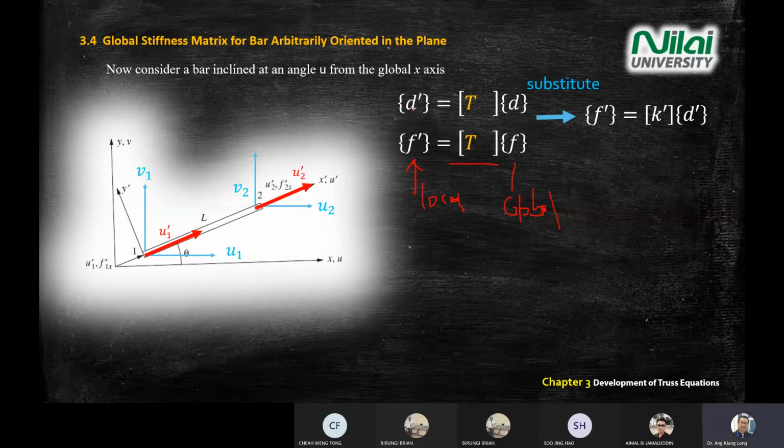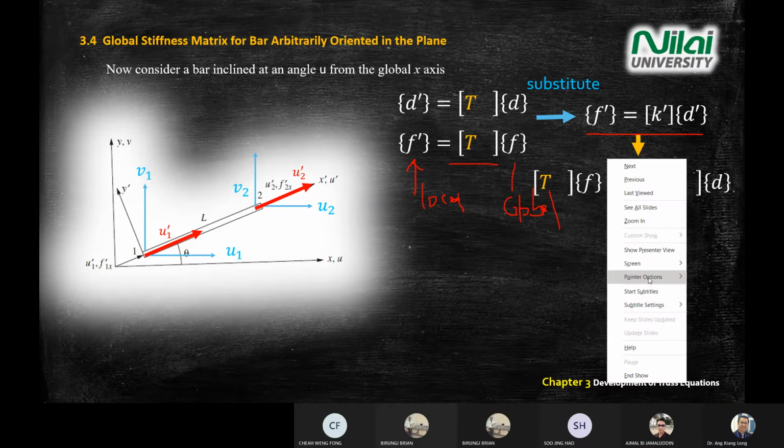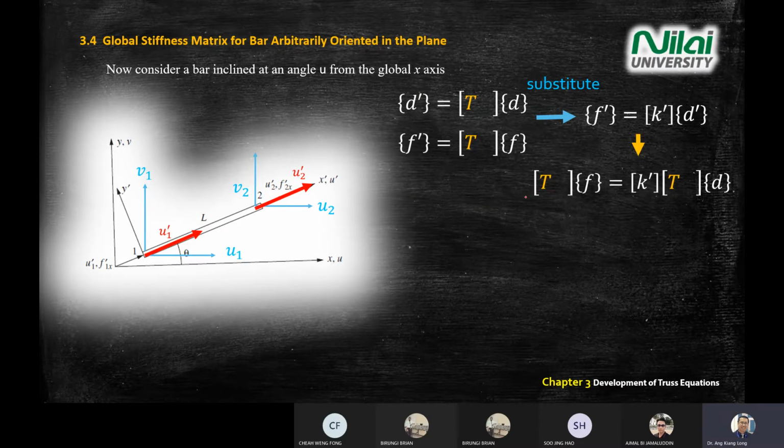You substitute. We want to reach this case F equal to KD dimension by using these two matrix form. Okay, I'm going to go very fast here because you are actually applying what we learned in the first session.